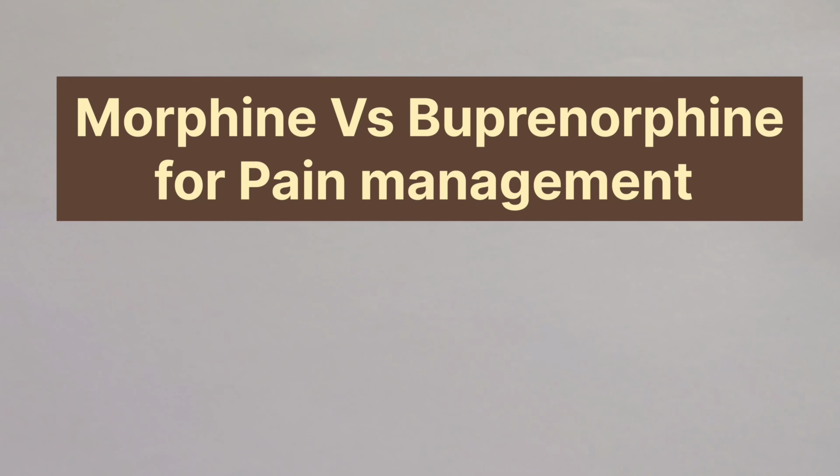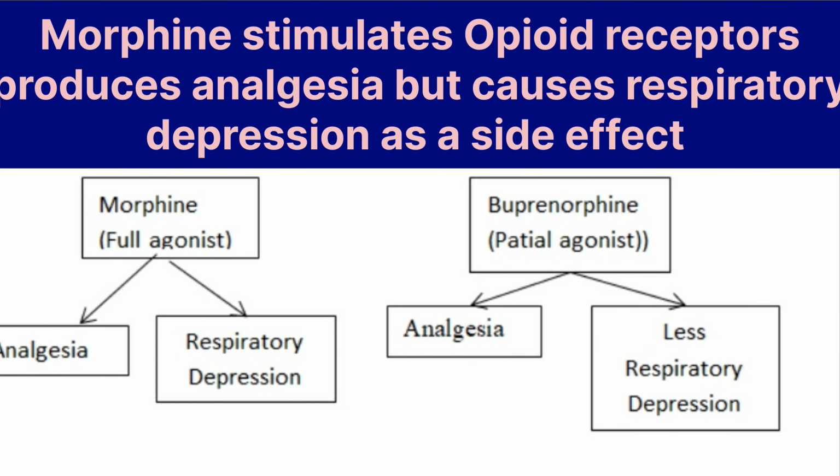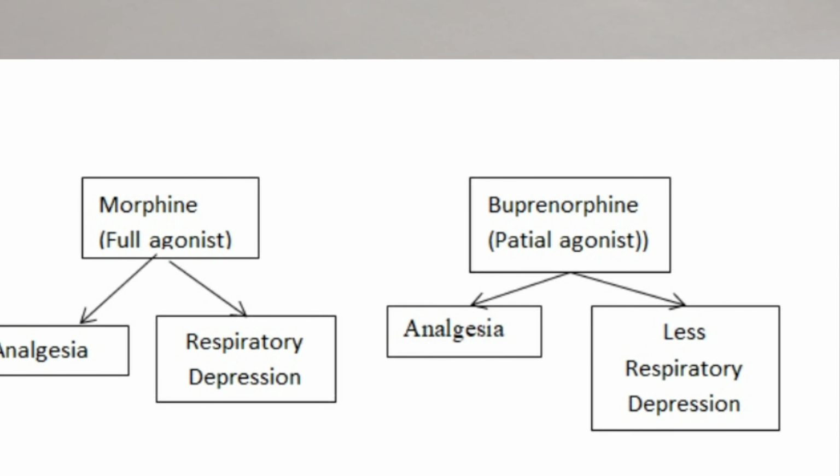Use of morphine versus buprenorphine for pain management. Morphine acts as an agonist and stimulates the opioid receptors and produces analgesic action. However, excessive stimulation of the opioid receptors results in respiratory depression as a side effect.